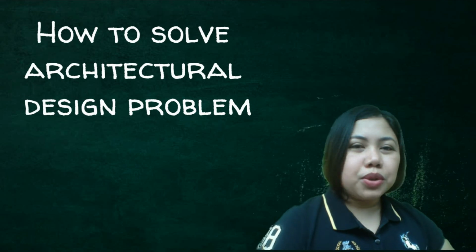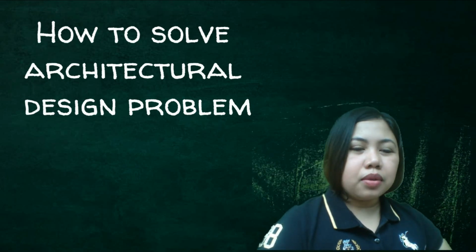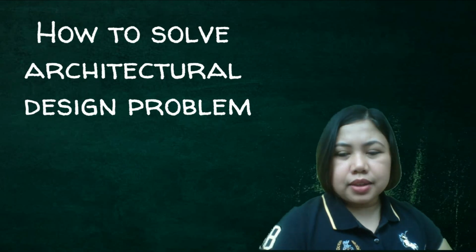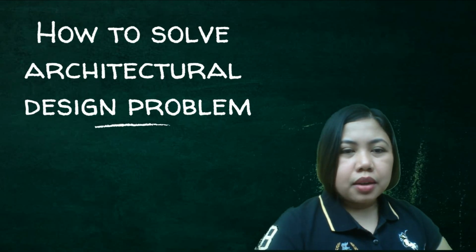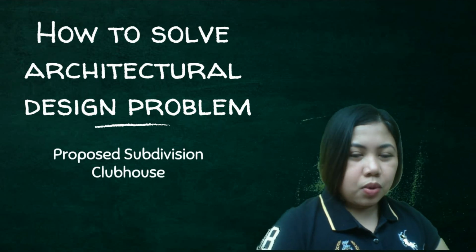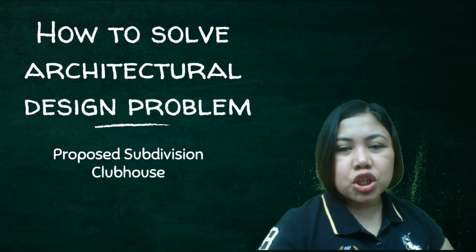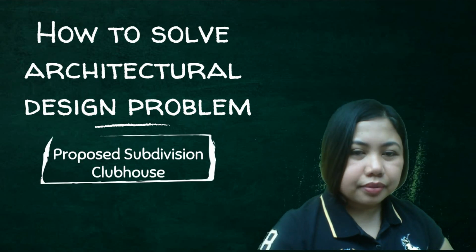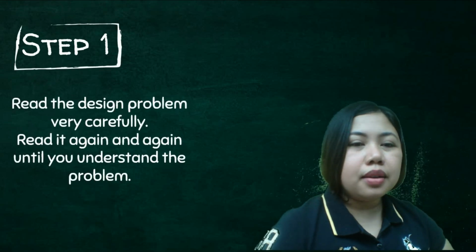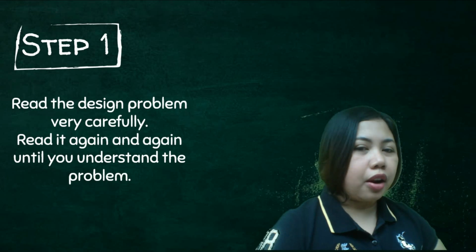Today I am going to show you how to solve architectural design problems, particularly the one that I have given you, the proposed subdivision clubhouse. So step 1, you have to read the design problem very carefully.